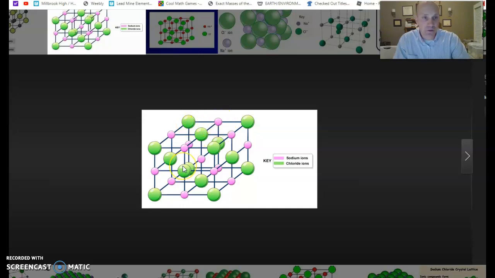So this would be like a crystal of sodium chloride. Since these atoms are arranged in this highly repeatable unit, you're able to acquire this material in its crystalline form, which would allow you to do this technique on it.